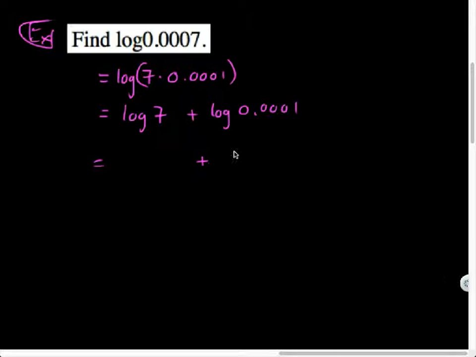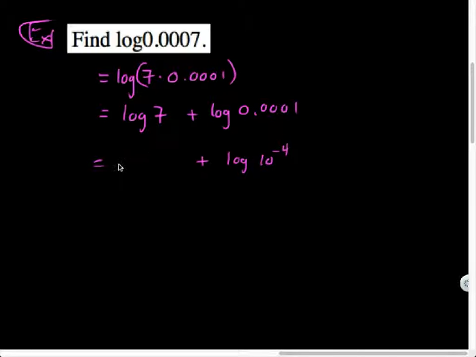We're going to end up either looking that up or getting that from a calculator in just a moment. But log of 0.0001 would be the same as log of 1 over 10,000, or I could view that as 10 to the negative 4th power, really. It's probably the easier way, 1 times 10 to the negative 4th power, if you want to think about it like that.